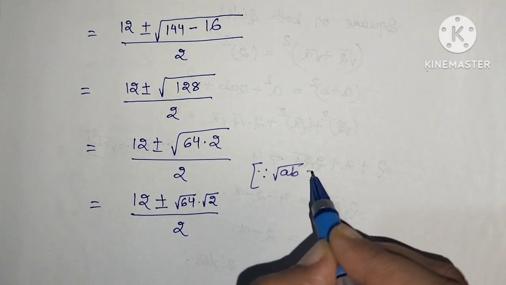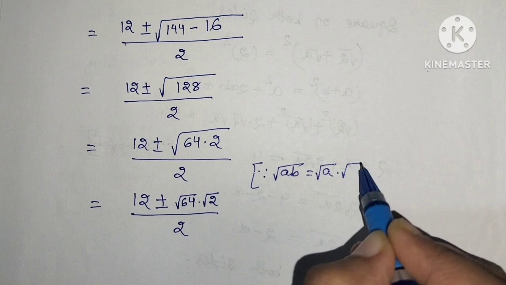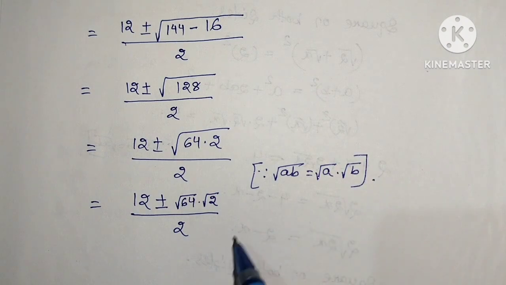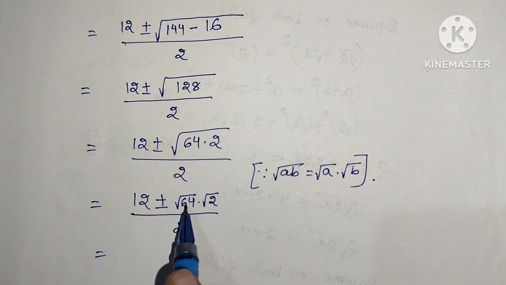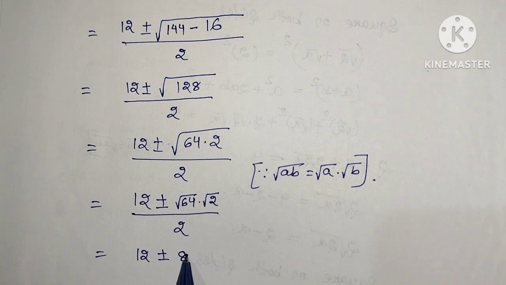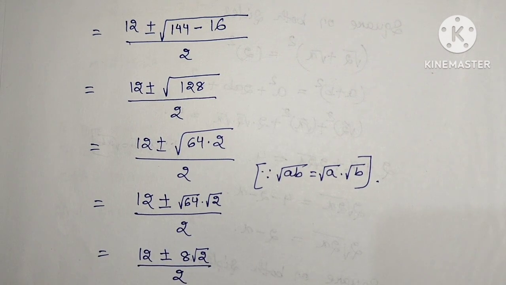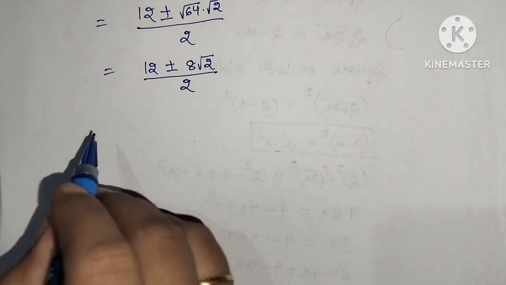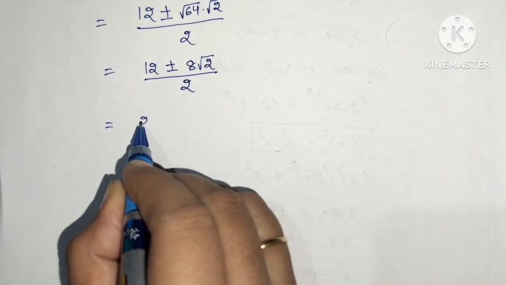Root ab is equal to root a into root b. We apply here. Then root of 64 is 8. 12 plus minus 8 root 2, divided by 2. Then we take 2 common.